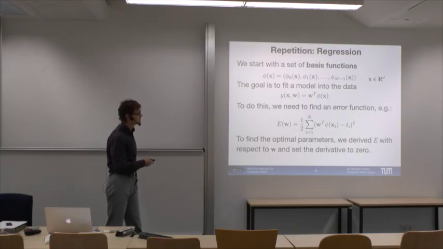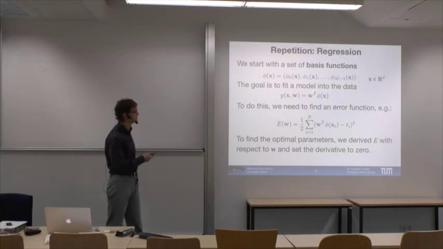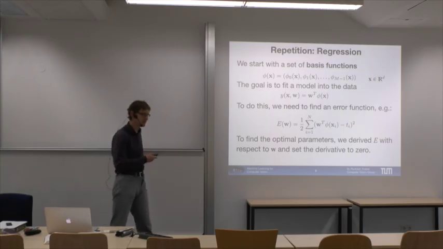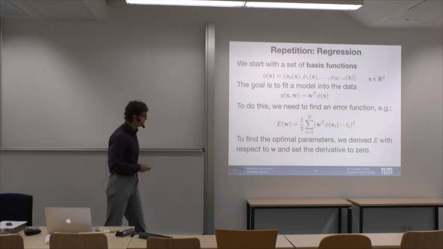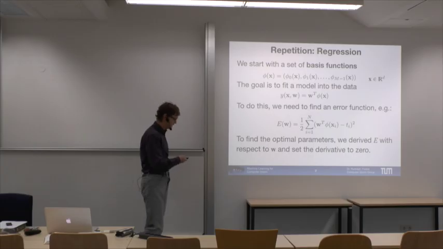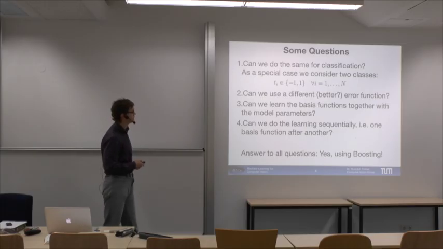So we simply sum up the squares of this, and then we'd like to estimate this and minimize that. This is the general formulation of regression, where this error function is now, of course, a specific one, and we can think of using different error functions here. Now, to find the optimal parameters, as I said, what we do is we derive this with respect to the vector w and set the derivative to 0, and we already know what comes out of that.